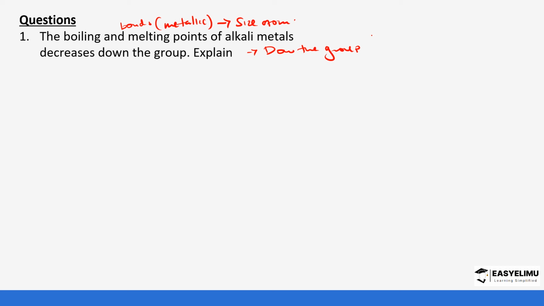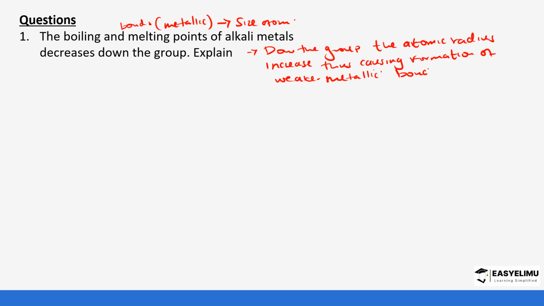the atomic radius increases, thus causing formation of weaker metallic bonds.